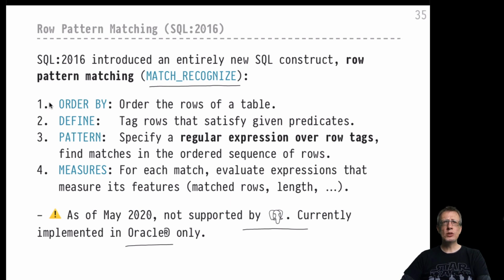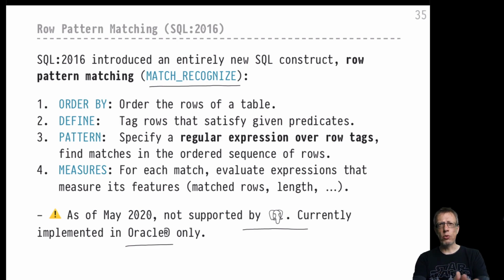Once data has been ordered, we can use so-called defines in Match Recognize to tag rows that contain interesting bits of data inside our series of data. So we can specify predicates that assign tags to rows.